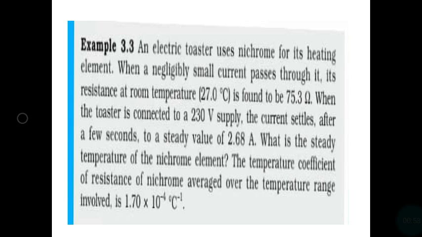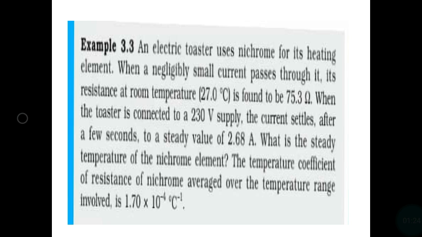That is, an electric toaster is given there which uses nichrome for heating, and at room temperature the resistance of the nichrome wire is given as 75.3 ohm. Then the toaster is connected to a 230 volt supply. Then a current of 2.68 ampere is flowing through it.